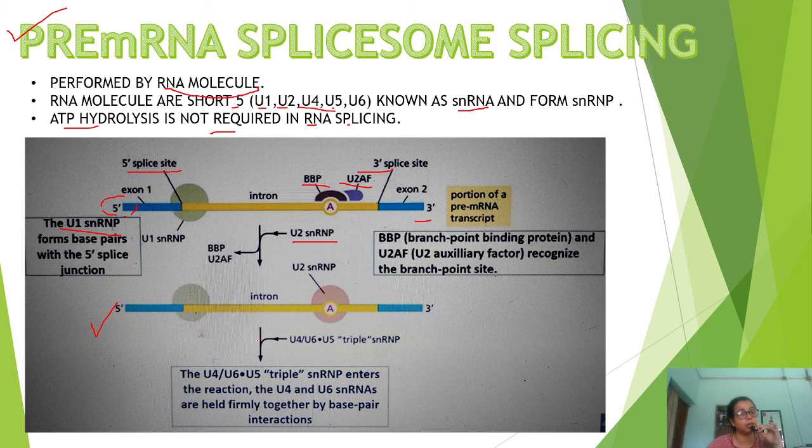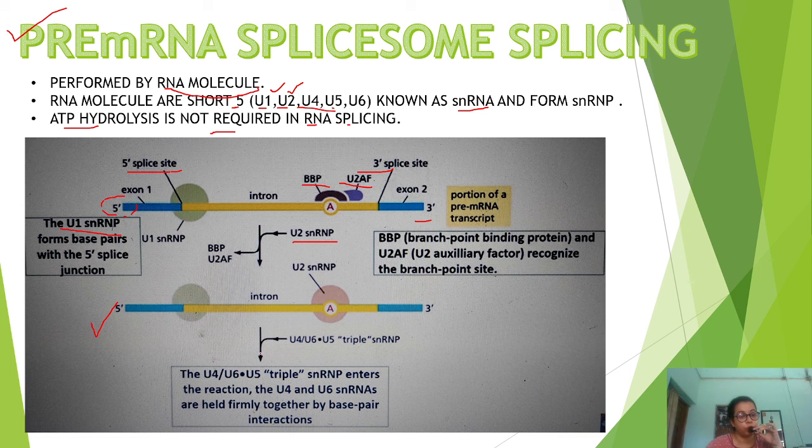Next comes the other three, that is the rest. First comes U1, which binds to the 5' splice site. Second comes U2, which binds to the branching point, and then comes U4, then U6, and then U5.